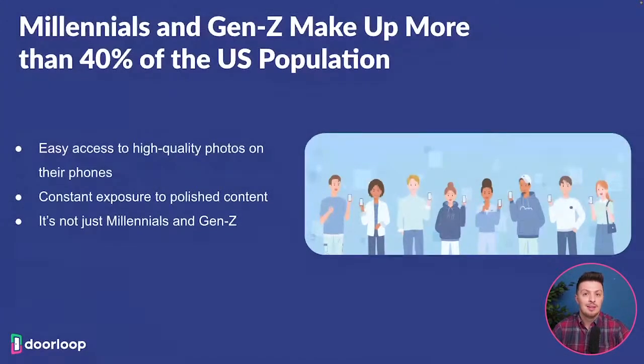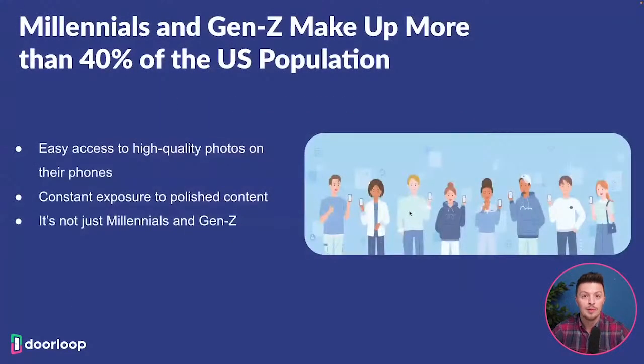So, how do you meet the expectations that they have? Obviously it's not just millennials and Gen Z, but every previous generation has been watching amazingly put together ads, TV shows, and movies. So it's really everyone when you think about it, but the mindset that we're in right now is getting exaggerated a little bit.